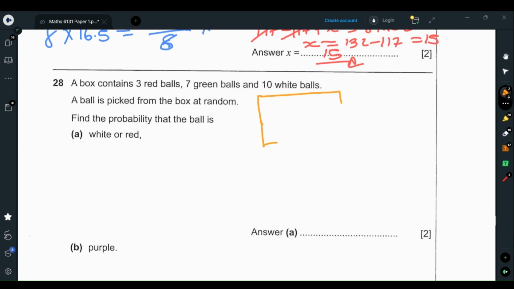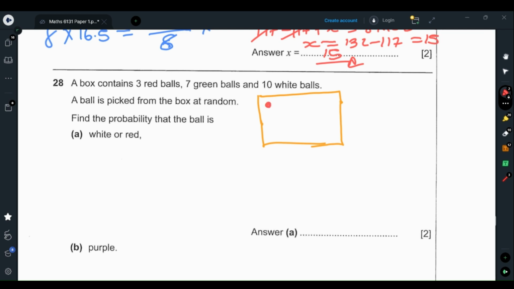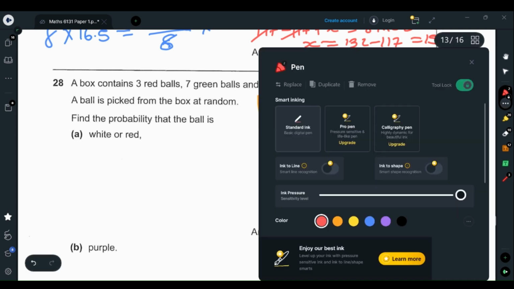This box contains 3 red balls, 1, 2, 3. 7 green balls.